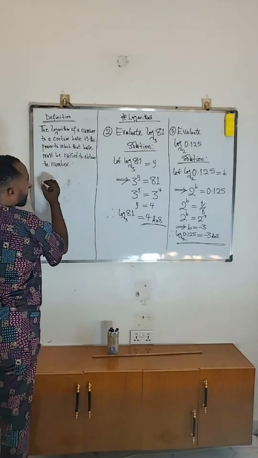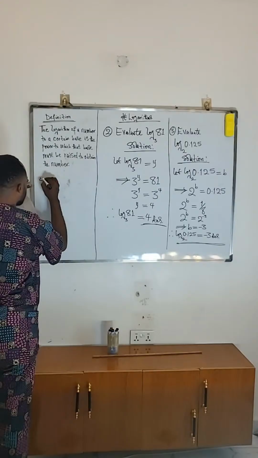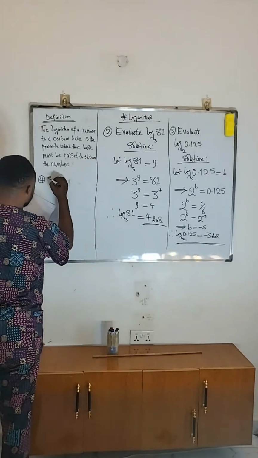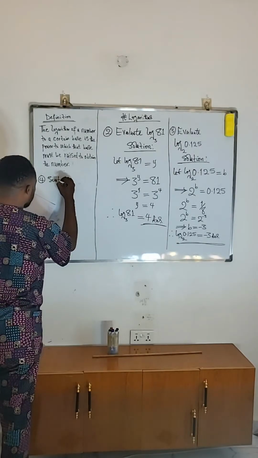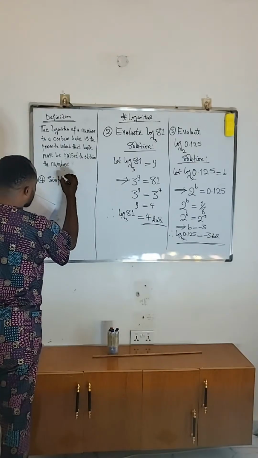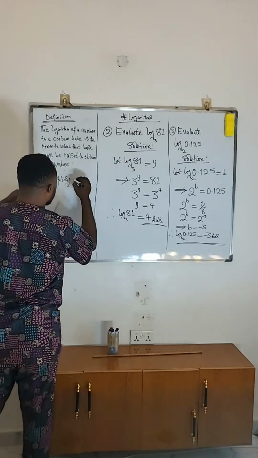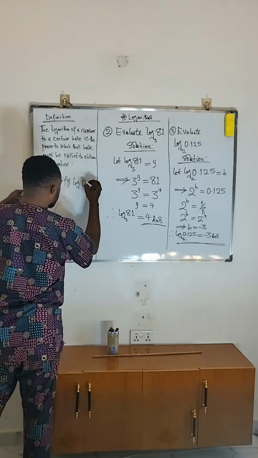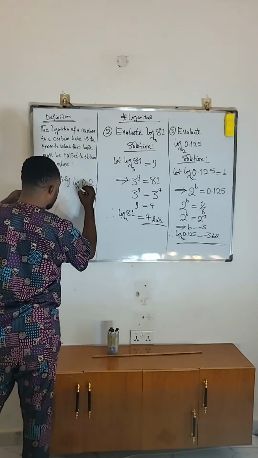Okay. Question number 4 says simplify log 0.2 in base 5.